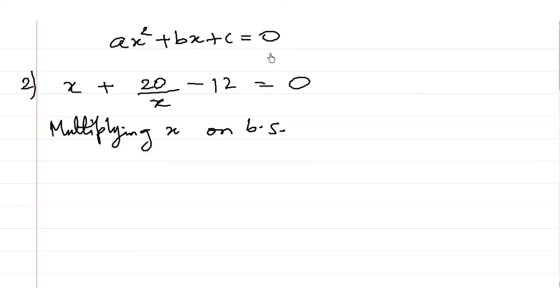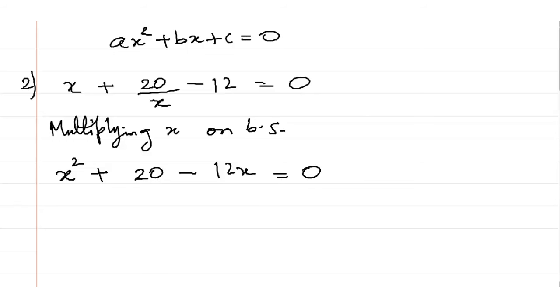So whenever you have a denominator, you should multiply that denominator on both sides. Or if there is more than one denominator, you should take the LCM of the denominators and multiply on both sides. So multiplying x on both sides, we get x into x is x square.